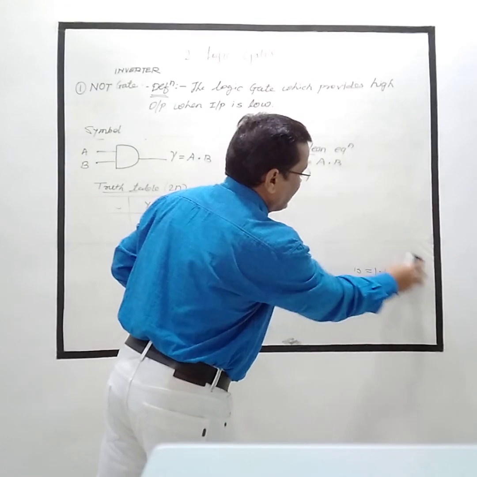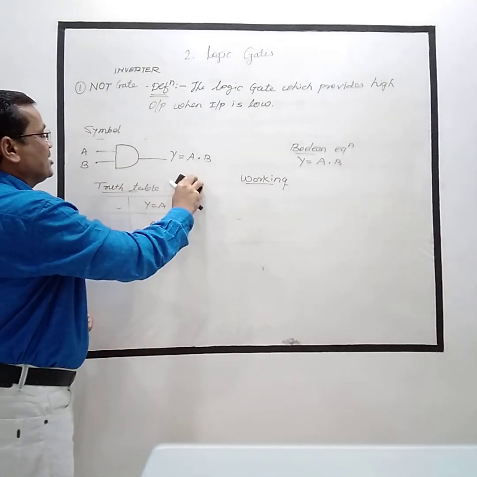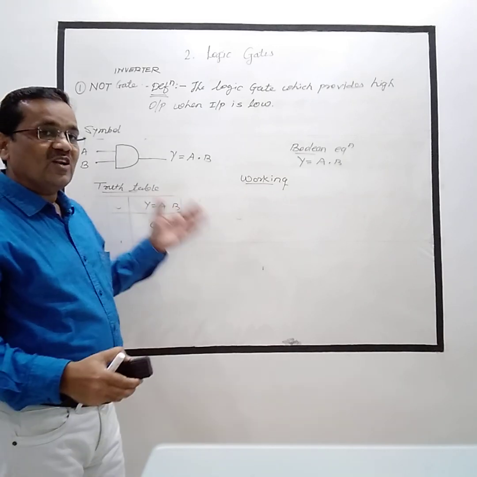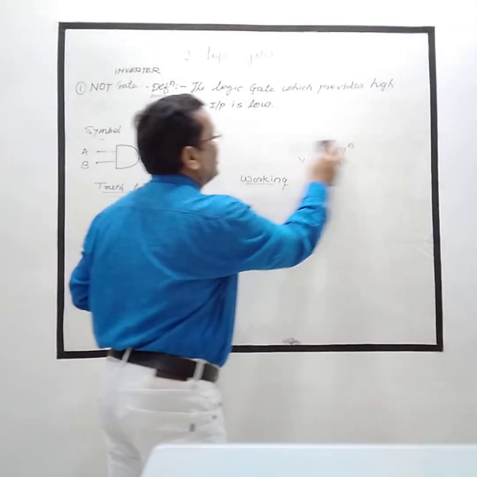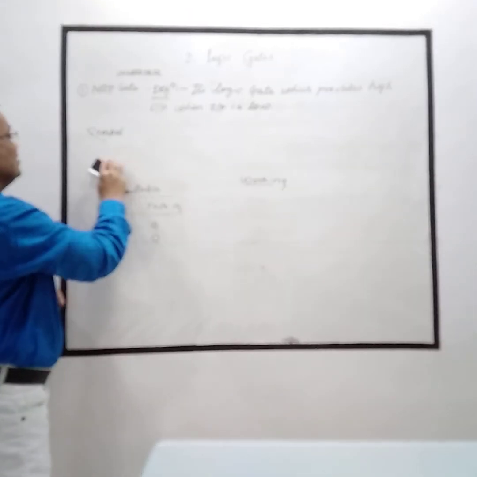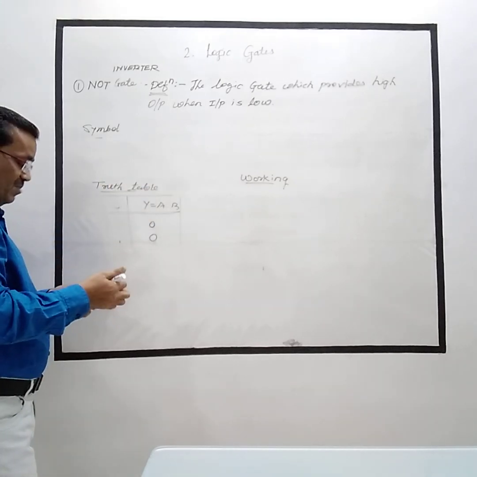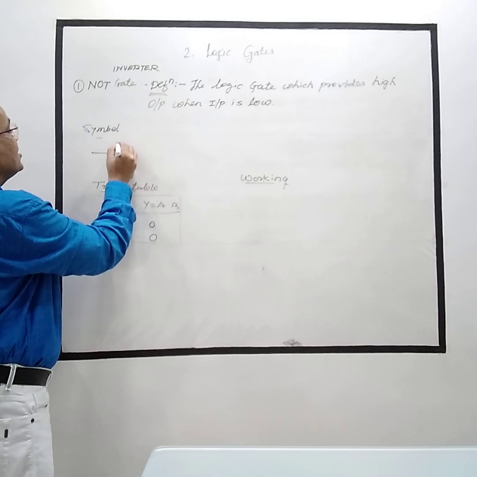It is also called an inverter because its output is exactly the inversion of its input, and that's why it is called an inverter. Its Boolean equation is different and its symbol is different. The symbol of the NOT gate is just like this.